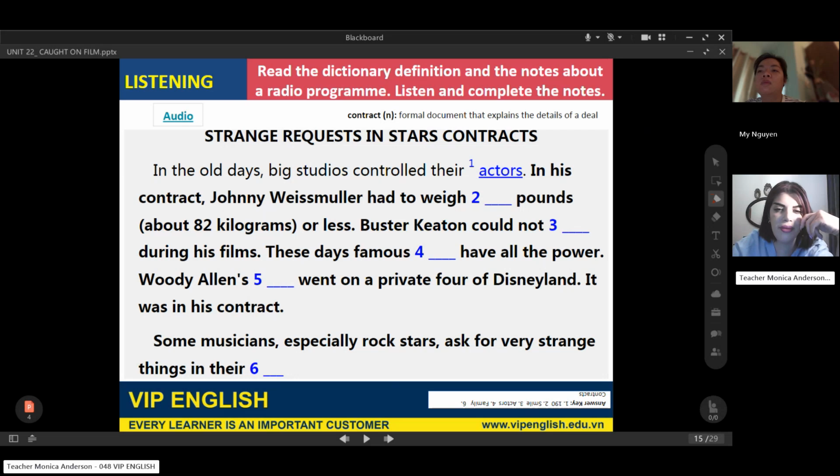Unit 12, Fame. Recording 1. In the old days, big studios controlled their actors. This means they also controlled their actors' contracts. In fact, the studios had all the power, and they used this power to write some strange contracts.